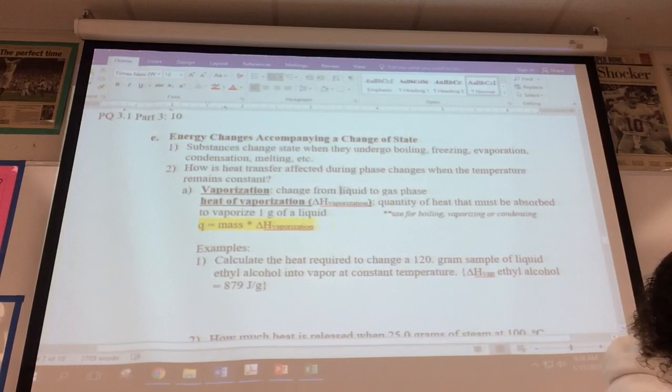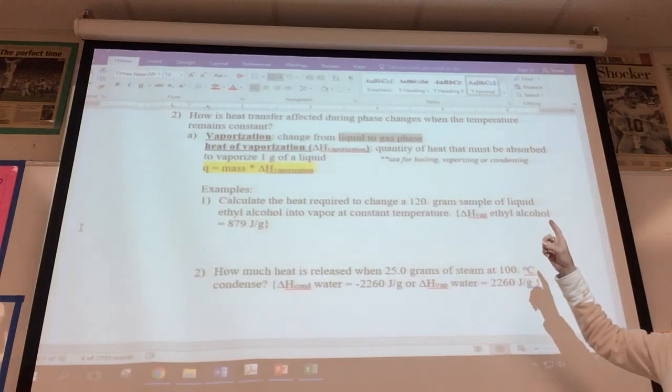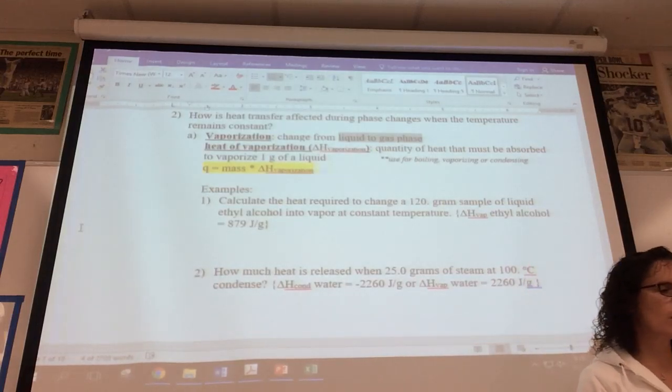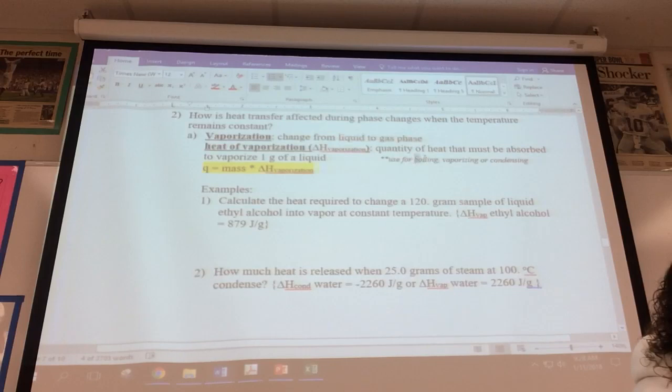When a substance undergoes a phase change from liquid to gas, it vaporizes. And we can use the delta H of vaporization, which indicates the amount of heat that must be absorbed to vaporize 1 gram of a liquid. You'll use this for boiling and vaporizing.